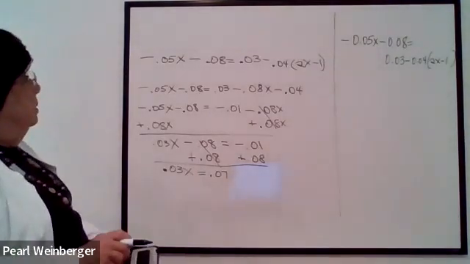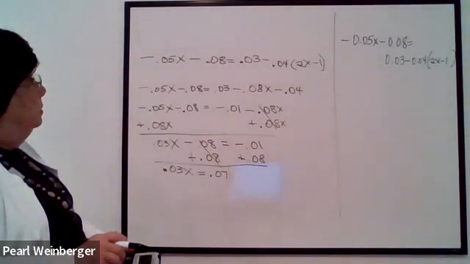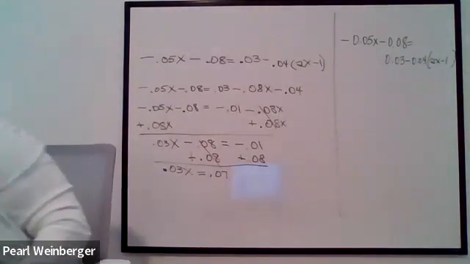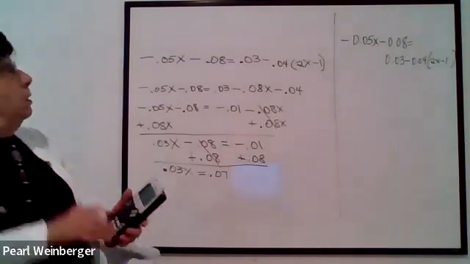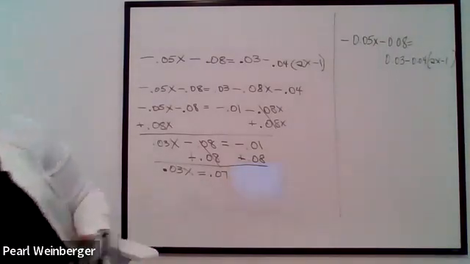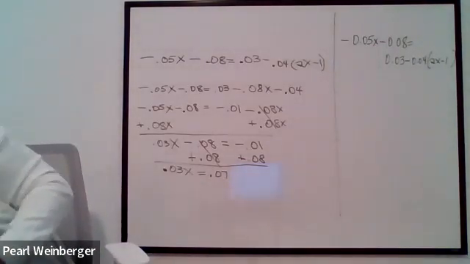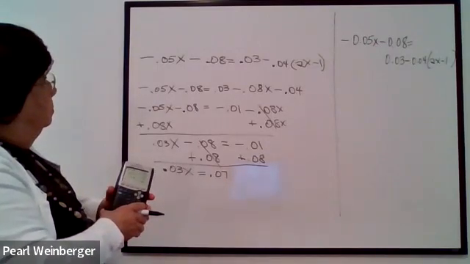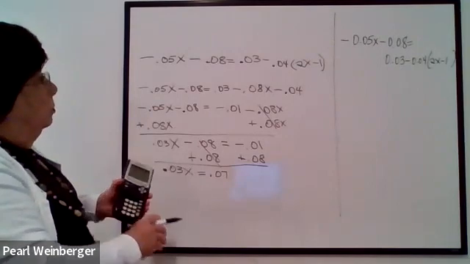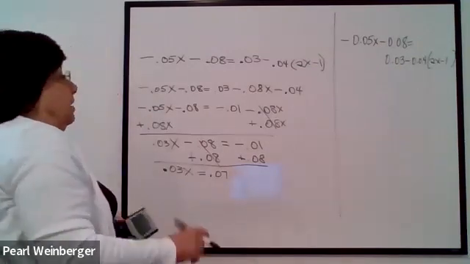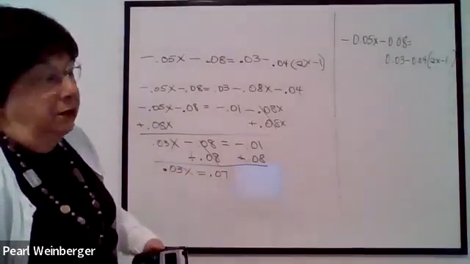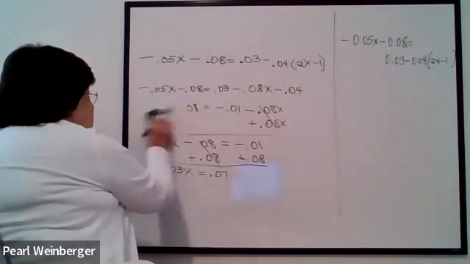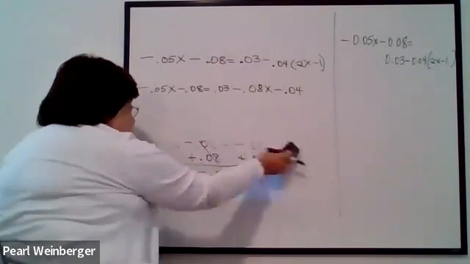Somehow I think I made a mistake here someplace. Oh, nobody corrected me. I see I made a mistake. I'm sorry. Let's go back. I've got to go back because I see I've made a mistake.